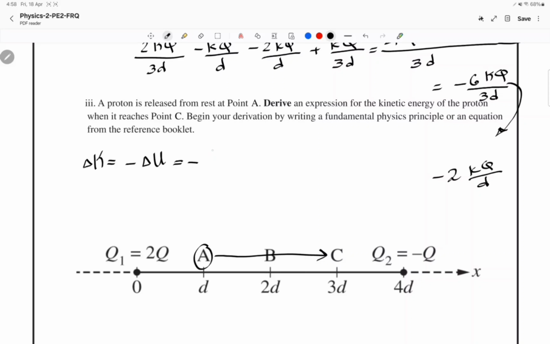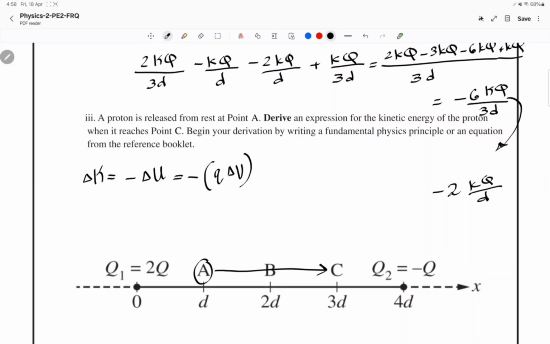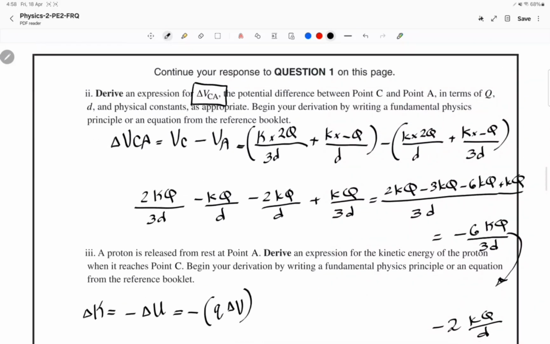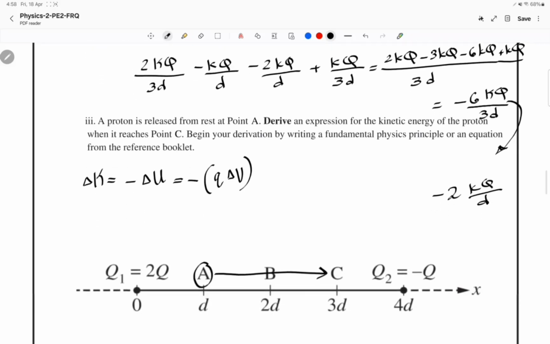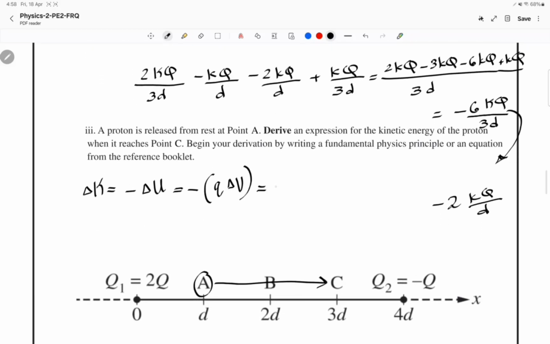And the change in the potential energy means Q change in voltage. Now, to go from point A to C, we already found it to be negative 2KQ over D. So minus Q instead of delta V, put negative 2KQ over D and becomes 2 K small q capital Q over D.